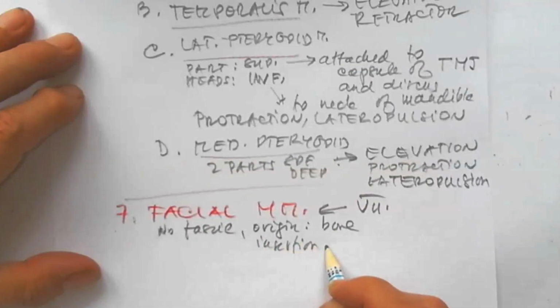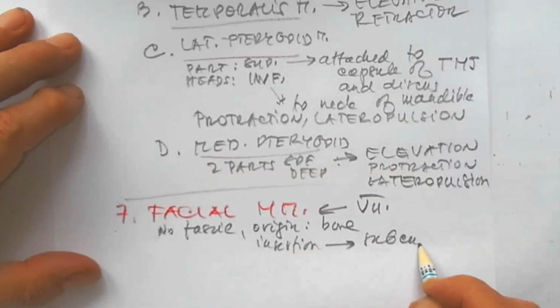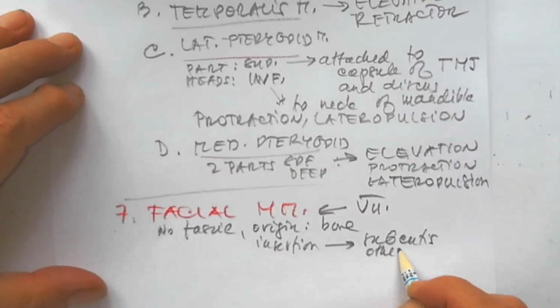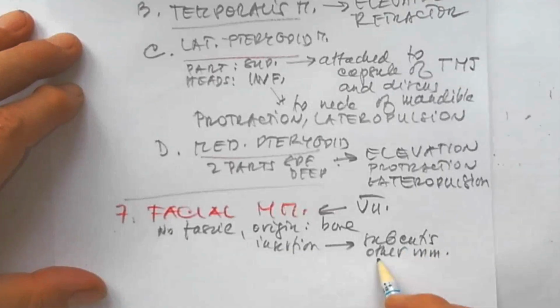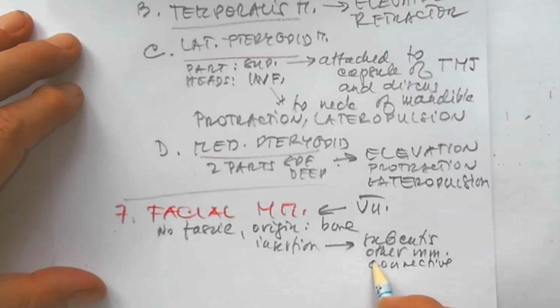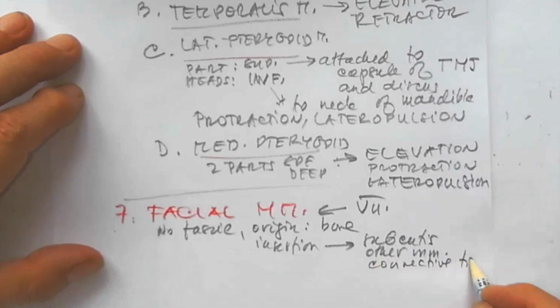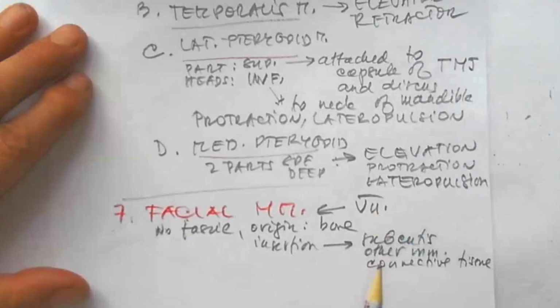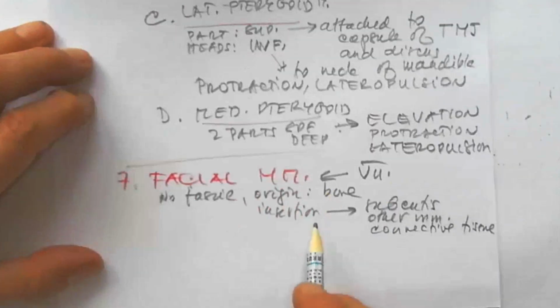Insertion is in the subcutaneous tissue or other muscles, or connective tissue like modiolus, etc. This is the difference. So we know the nerve supply, we know the characteristics.